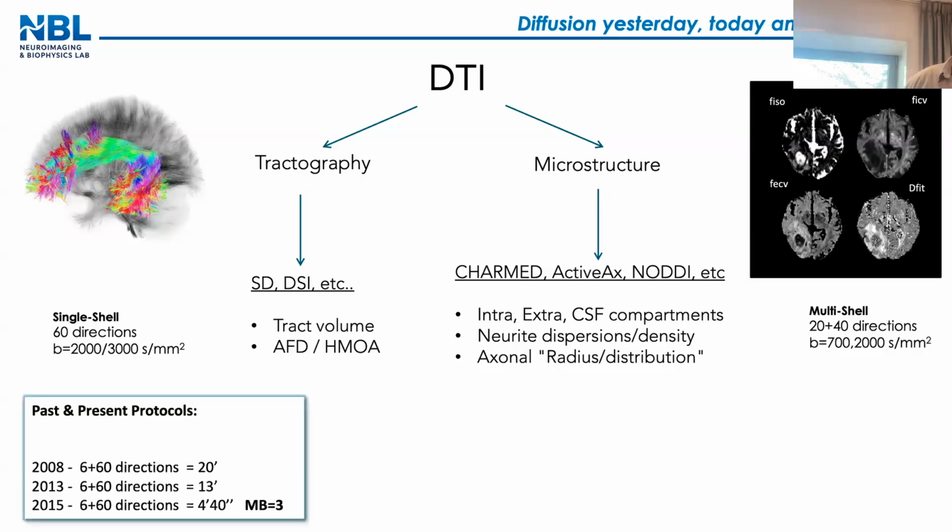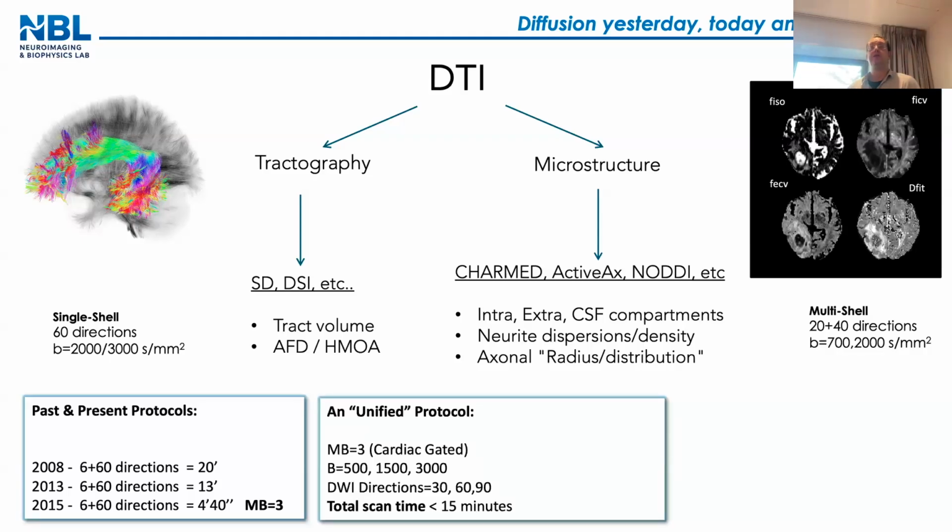Today, things have changed. We go from, for example, 20 minutes for 60 directions to, with the introduction of multiband, 4 minutes for 60 directions. With multiband today we can do, for example, b 500, 1500, and 3000 with 30, 60, and 90 directions, so 180 volumes, in about 15 minutes or less.